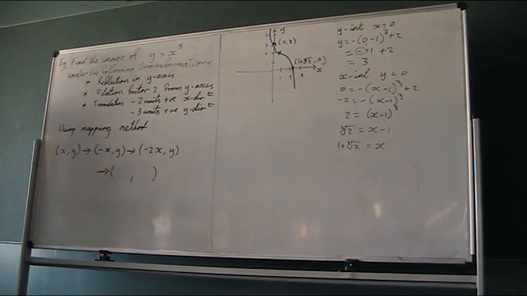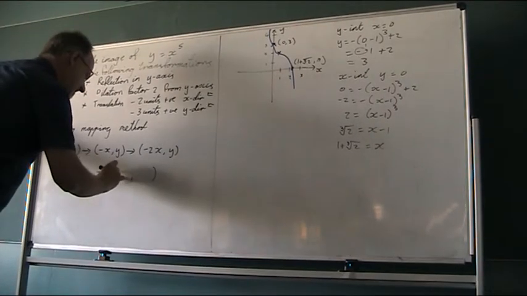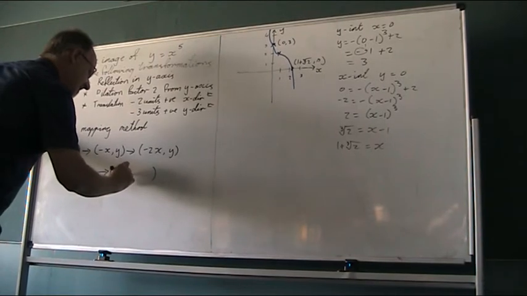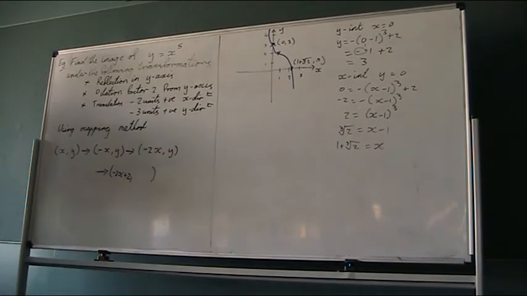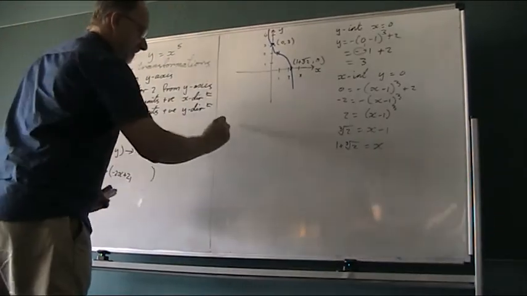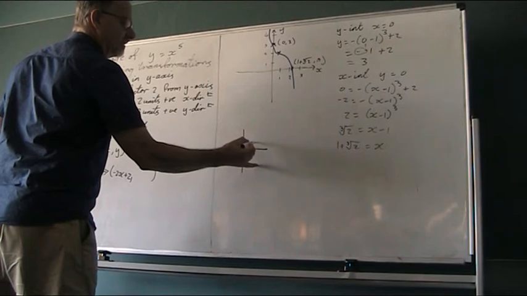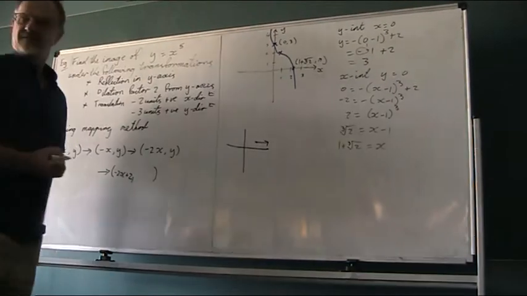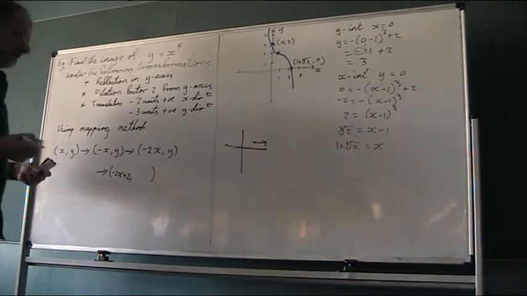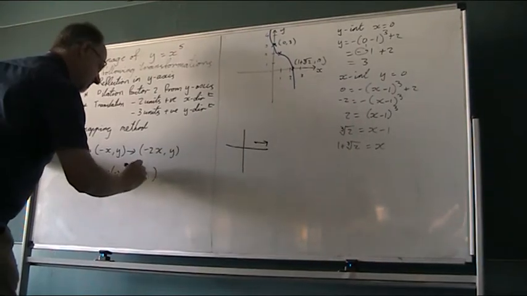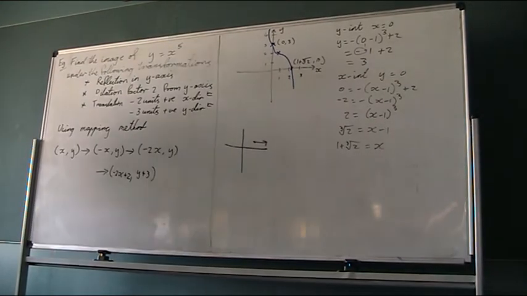What changes, the x or the y? The x, and it changes by adding 2. If here's our point, and we're translating it 2 units in the positive x direction, we're moving it that way 2 units. So we're adding 2. And the y, if we're moving that up 3, we're adding 3.